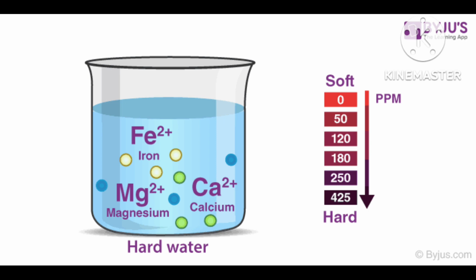Cation exchange reagents contain large organic molecules with an SO3H group at the end, that is positively charged, and this large organic molecule is negatively charged.